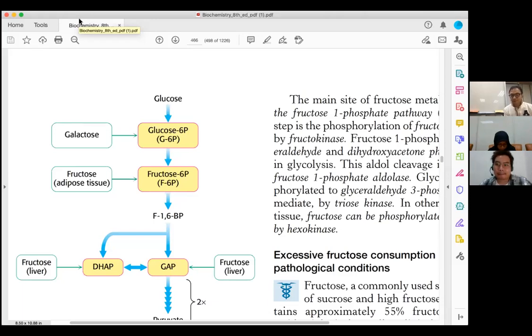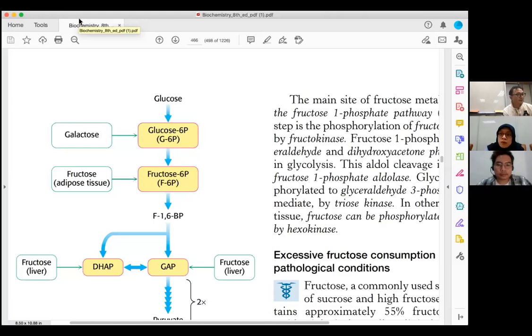Yes, good. The question from the Indonesian student is that he wants to know what is different in metabolism between cancer cells and normal cells. So he wants to know the metabolic features of cancer cells versus normal cells. The first thing you want to know is that cancer cells originate from stem cells. Cancer cells are cells that have abnormal proliferation, and you understand mature cells cannot proliferate.